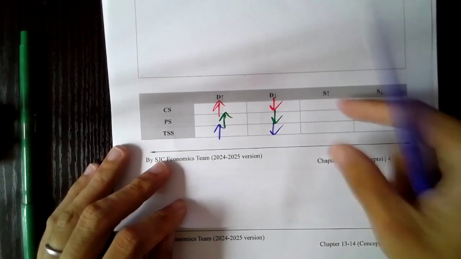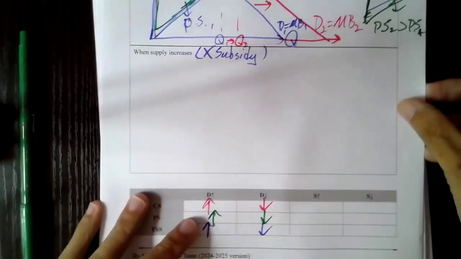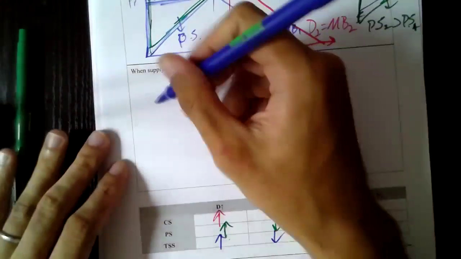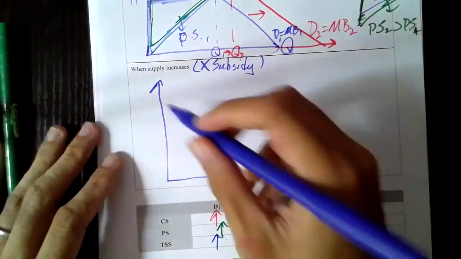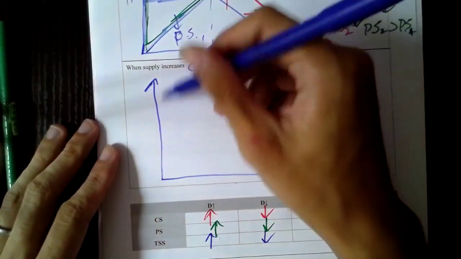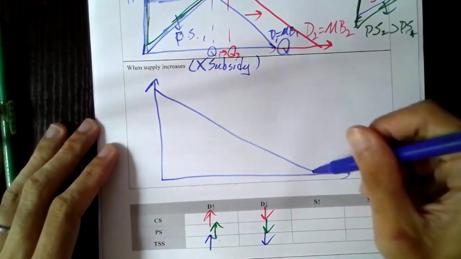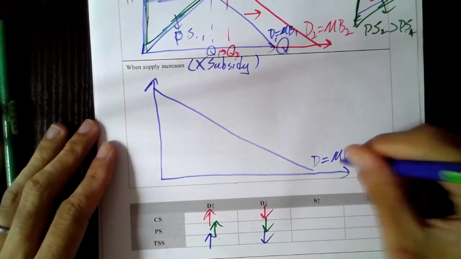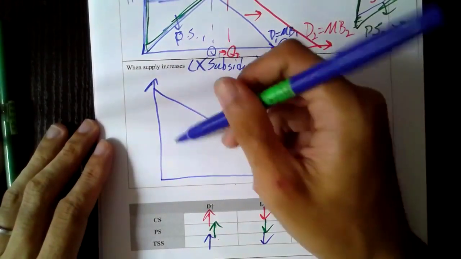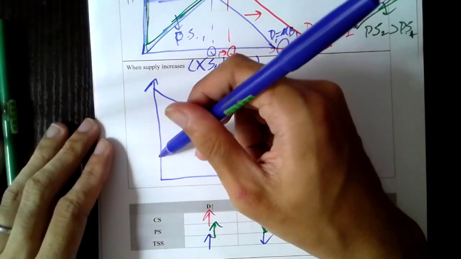Okay? Now, what about supply? Will things become different? The answer is no, actually. Let's draw here. This time I'll draw it more loosely. This is our demand equals to MB. Let's say supply is right here.